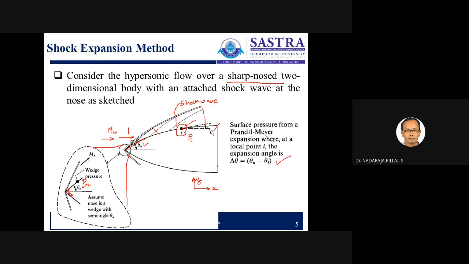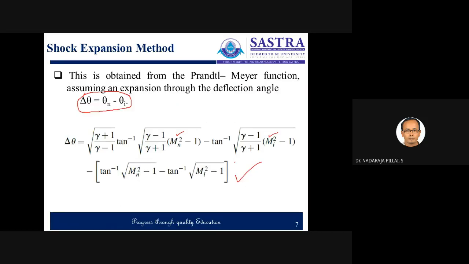Then if you want to calculate the pressure at point I, that is Pi, the angle which it makes with the horizontal is theta I, and the expansion takes place between theta n and theta I. So we can write that del theta is equal to theta n minus theta I. Based on the Prandtl-Meyer expansion, del theta can be expressed by this equation, right?